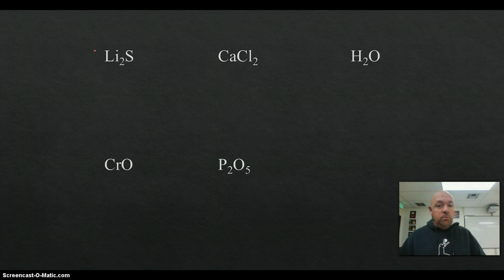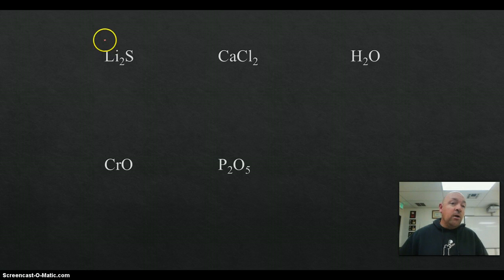Now, some of them we could simply use the rules we learned yesterday, but let's make it a little bit easier. So let's start with this first one where we have lithium and sulfur. Now this is an ionic bond, so I could use what I learned yesterday and figure out, well, they're both ions, and so as a result, I could figure out their charges. But it's a lot easier.